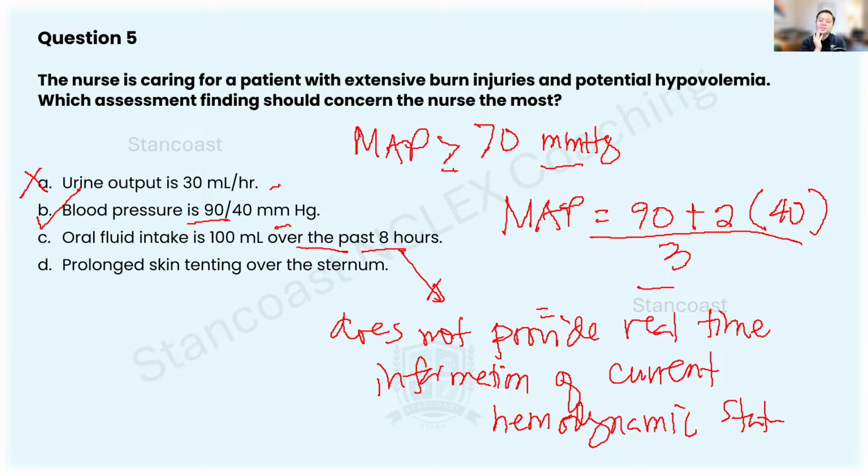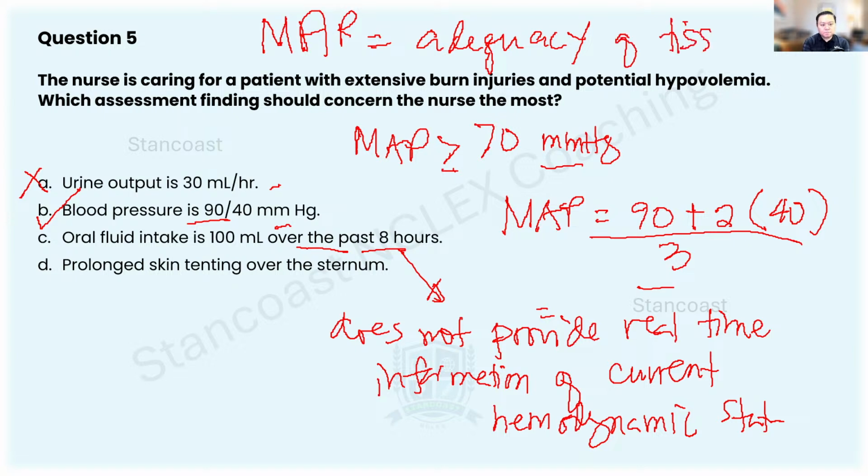If we're going to consider about, say, 60, that is going to really impair the blood flow to the organs. So this is a time that we really need to intervene some more, okay? So again, MAP will give us an idea of adequacy of tissue perfusion. So that's the simplest explanation of what an MAP means.